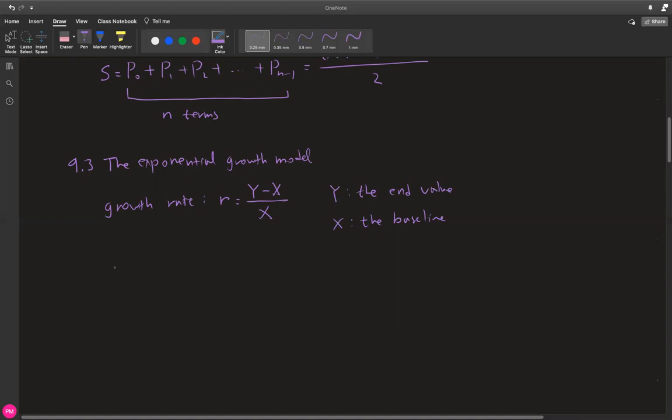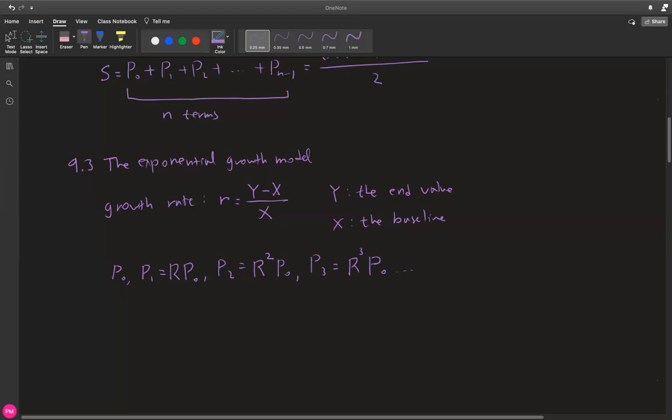The exponential growth grows as such. So P0 is the initial population, P1 is R multiplied by P0, and P2 is R to the power of 2 multiplied by P0, and P3 equals R cubed multiplied by P0, and so on and so forth.